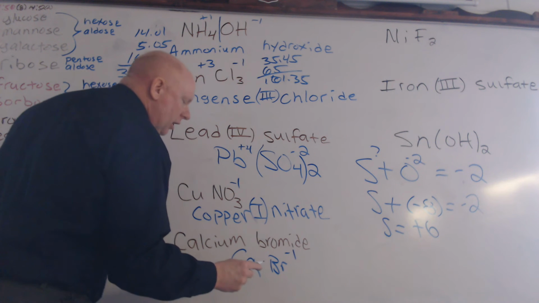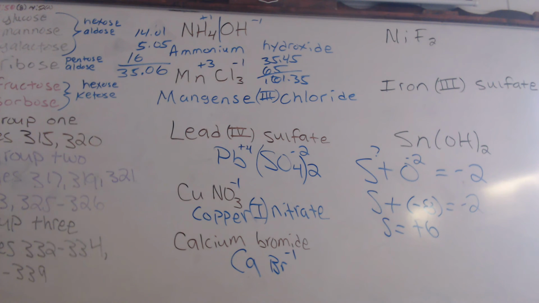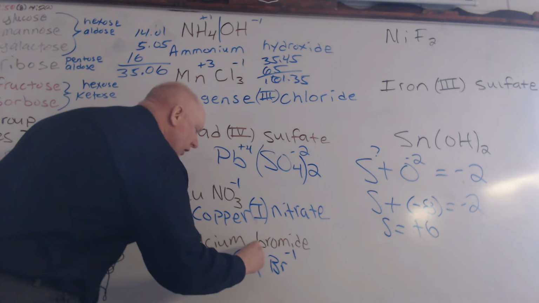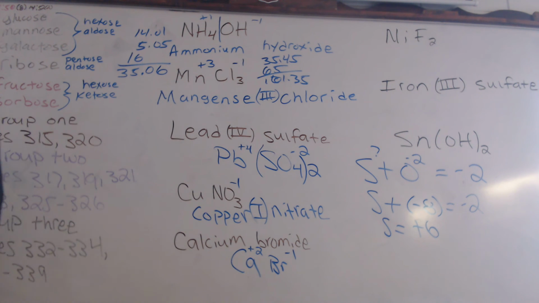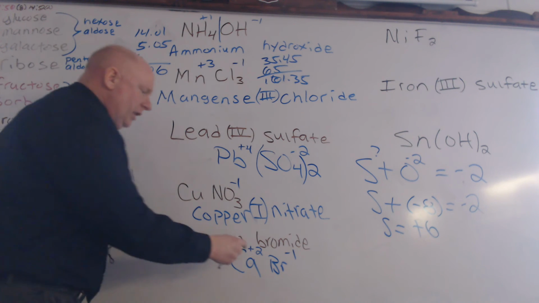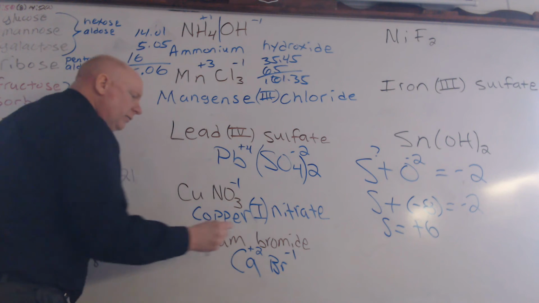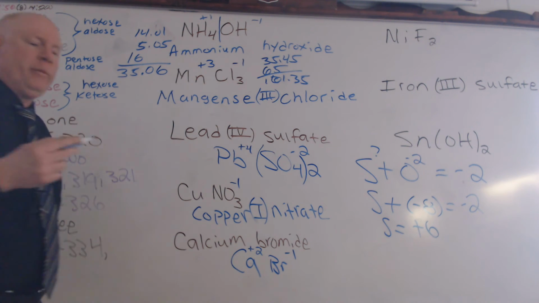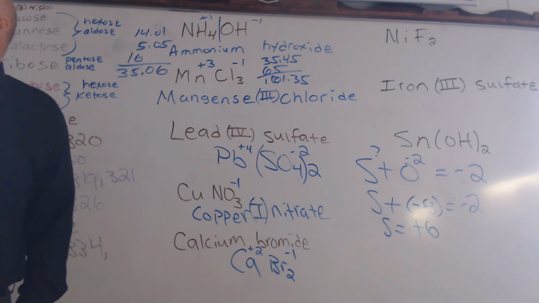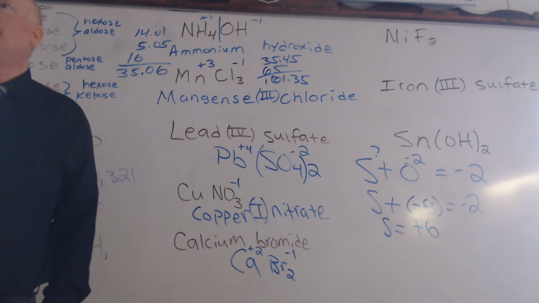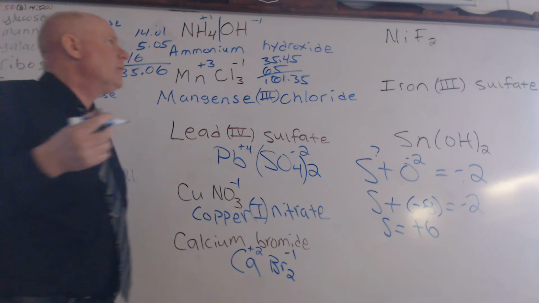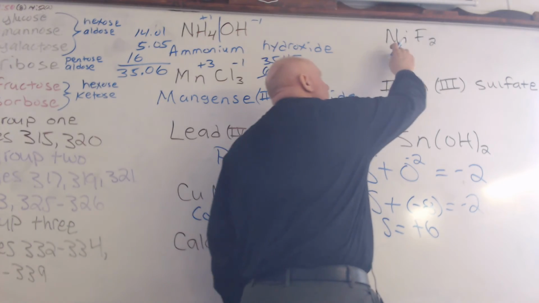Calcium is an alkaline earth metal, plus what? +2. Because what column is calcium in? So it's +2. These charges do not add up to 0. You need 2 bromides. Does everyone understand why you need 2 bromides? So the charges add up to 0 now. Ni is the symbol for what?